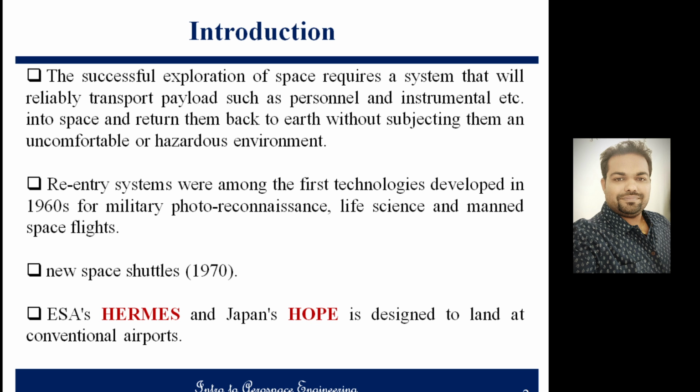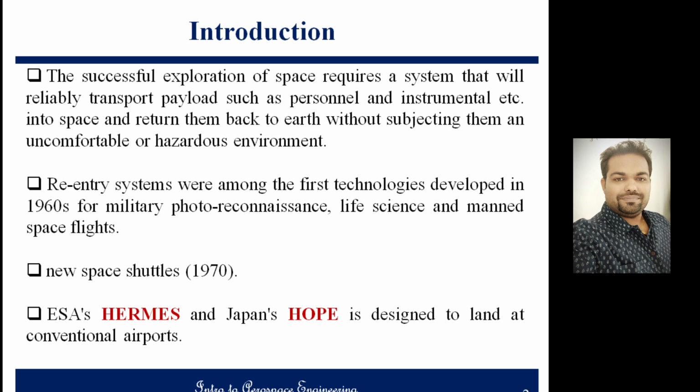The configuration of such a spacecraft is similar to an aircraft, but it has to be launched with the help of a launch vehicle, which is a rocket, to send it into outer space. When it lands, it will land with the help of its own engine. So it is fitted with an engine, and after crossing all those aerodynamic heating stages, it finally lands on the Earth like an aircraft.